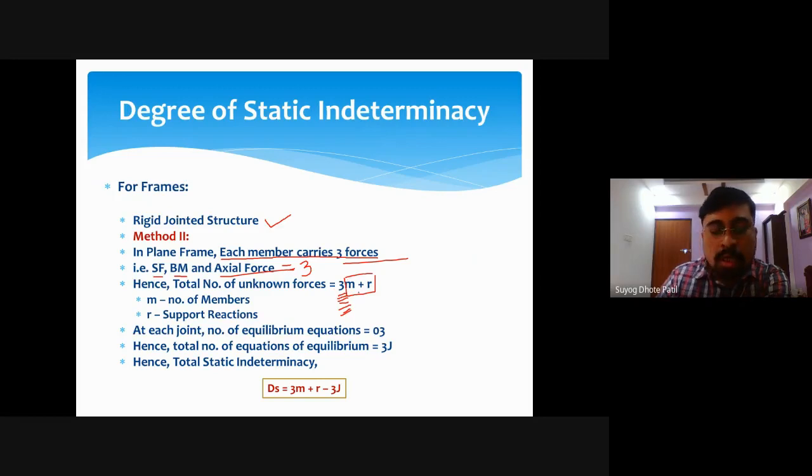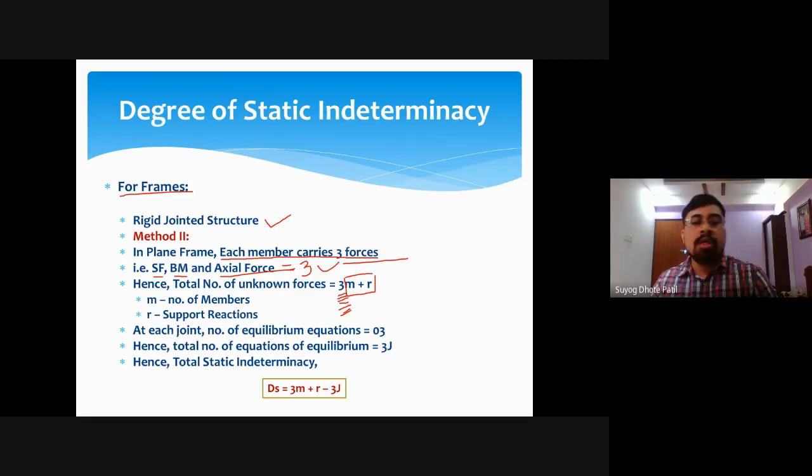So the basic equation is m plus r, but here in the case of a plane frame rigid jointed structure, each member carries 3 forces, that is shear force, bending moment, and axial force. So that's why the number of unknown forces for a particular structure is 3m plus r, where m is the number of members and r is the support reactions.